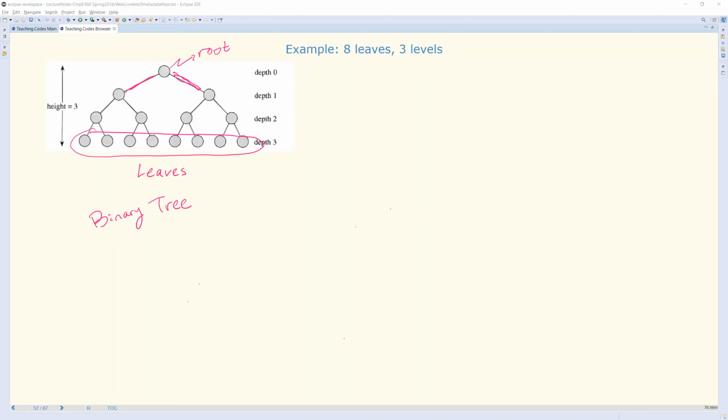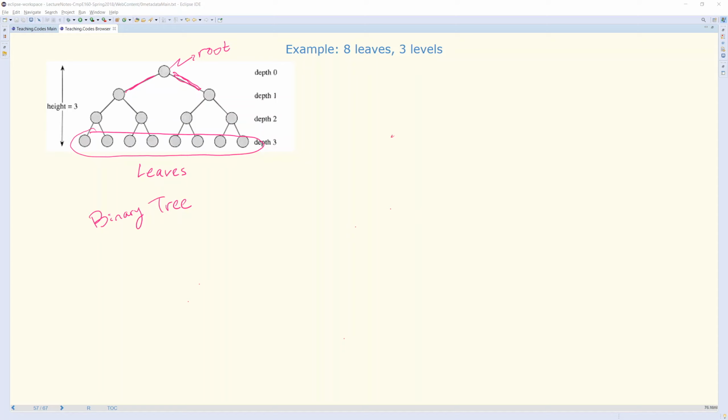And this is specifically called a complete binary tree because at the lowest level, which is depth 3, all possible positions are filled with a leaf. In this tree, we have 4 different depths. Depth 0 belongs to the root, and the others belong to either the intermediate nodes or the leaves. So we say the whole tree has a height of 3. You will note that we have 8 leaves.